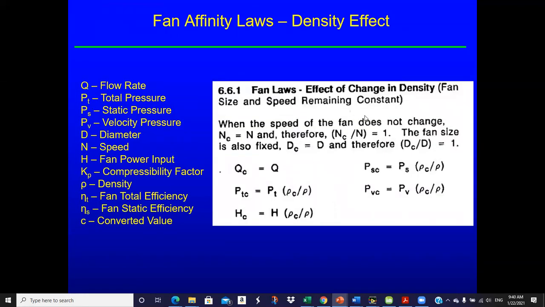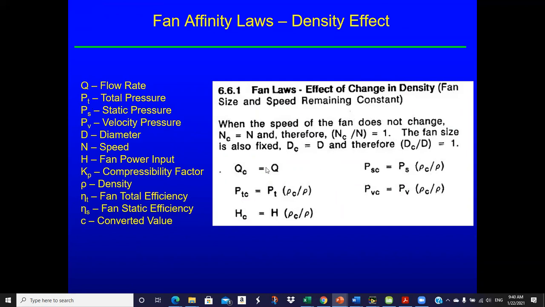This shows density effects. I don't know that this comes into play very much, but for example, if we heat it up, all of a sudden we were blowing cold air and we're going to blow really hot air, how would that affect the operation of the fan?